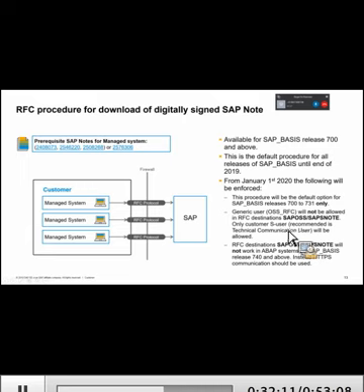So this will have to be replaced with the technical communication user. We also saw this in Sonal's presentation. Lastly, the RFC destinations SAP OSS or SAP S-Note will not work in the ABAP systems on releases 740 and above. There, instead, HTTPS communication will have to be used.